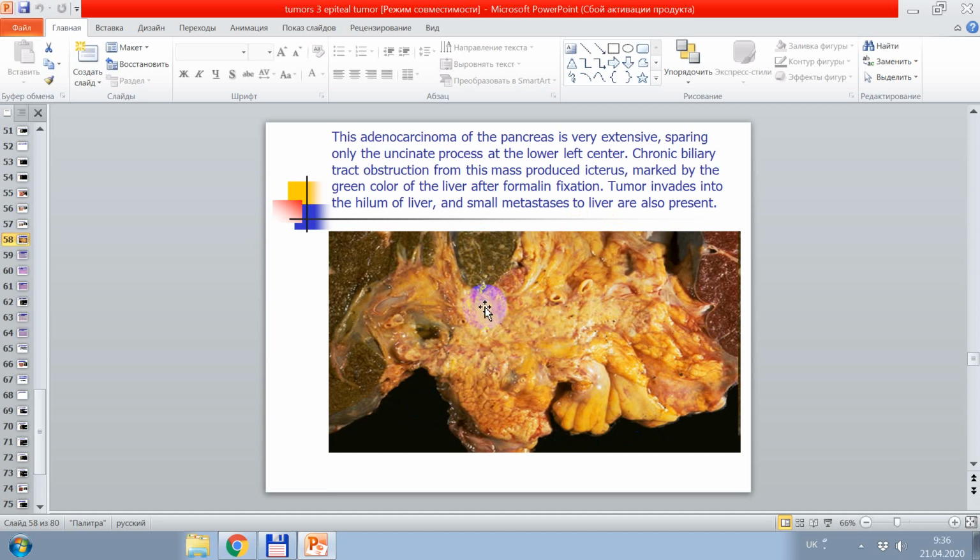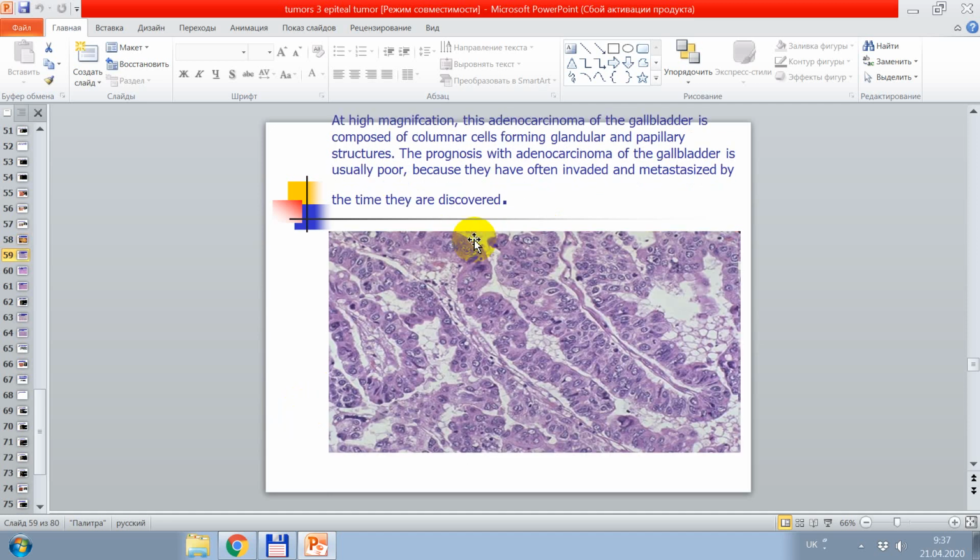Chronic biliary tract obstruction from this mass produces icterus, marked by the green color of the liver after formalin fixation. A tumor has invaded into the hilum of the liver, and small metastases of the liver are also present. These are histological signs.